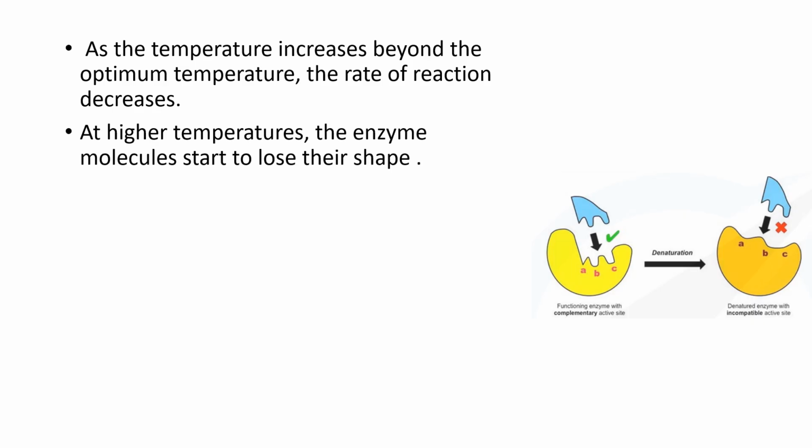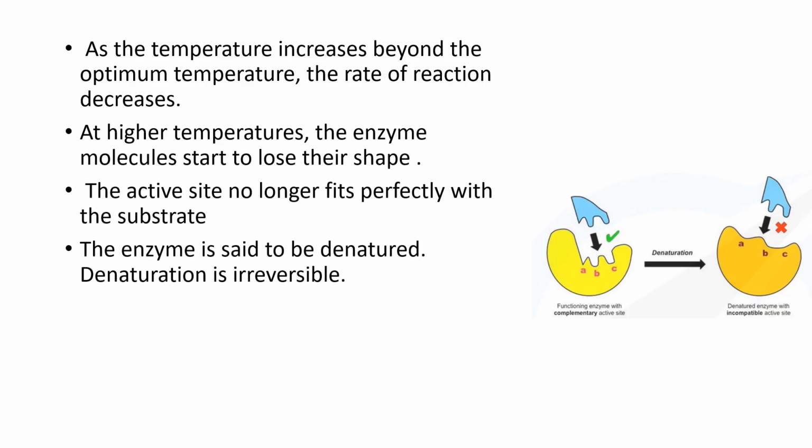At higher temperatures, the enzyme molecules start to lose their shape. The active site no longer fits perfectly with the substrate. The enzyme is said to be denatured. Denaturation is irreversible, which means once an enzyme is denatured, it cannot be reversed, which means denaturation is a permanent change. It can no longer catalyze the reaction.